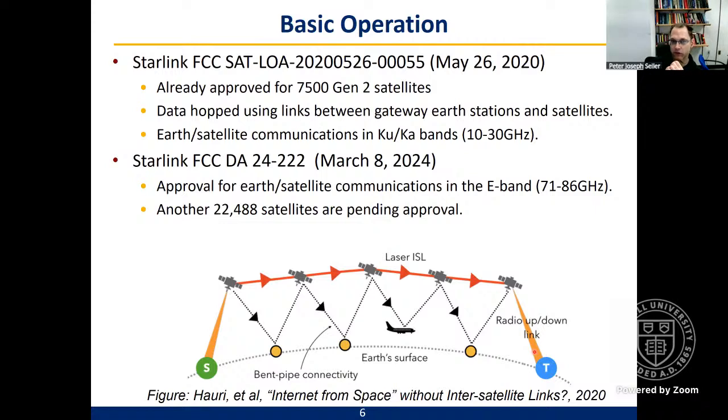And that was the initial concept. The beaming was in the 10 to 30 gigahertz bands. Last year, I guess last March, they had approval for another 22,000 plus satellites. And they had some approval to also do Earth to satellite communications in the 70 to 80 gigahertz range.